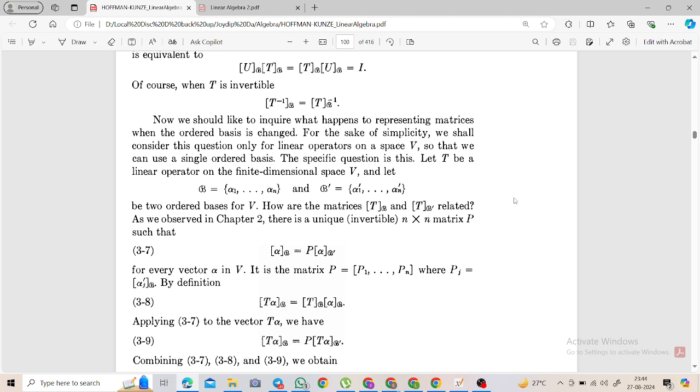See what they are doing. They are basically doing a change of basis. Suppose T is a linear map from V to V. T is represented with respect to some basis. Now it is being represented with respect to some other basis. So what will be the change of basis matrix?